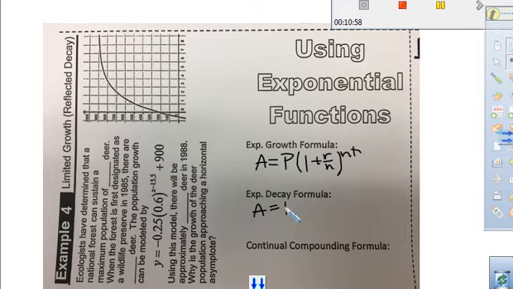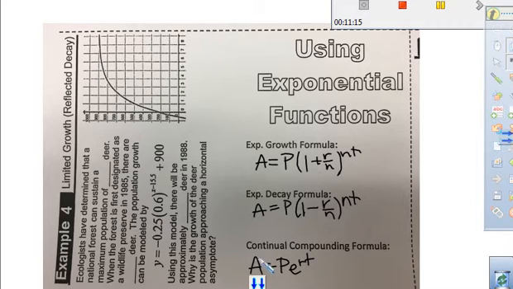And just like I said before, all it changed was from a plus to a minus. And now we have A equals P times E to the RT. And there we have it.